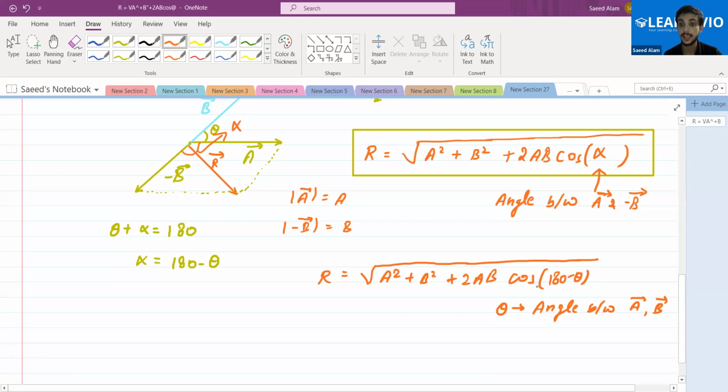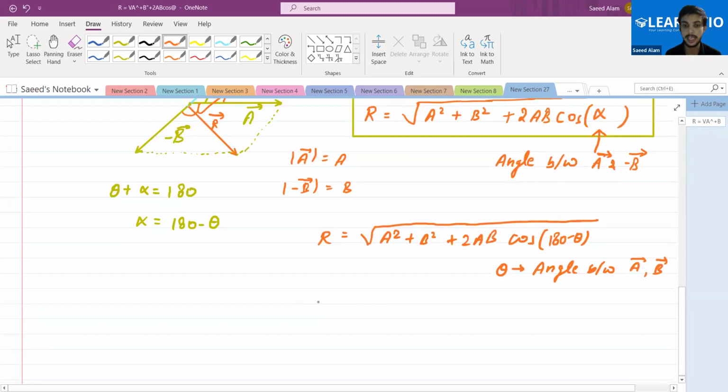Till class 10th we didn't study this property, but right now we are studying it, like I had given you the value of sine 37 and sine 53. Similarly, I am giving you one more formula: cos of 180 minus theta is nothing but minus of cos theta. Is this clear to you?